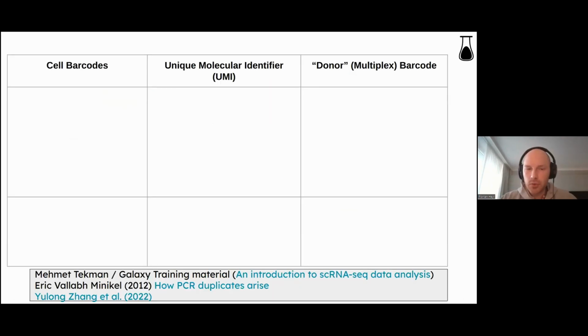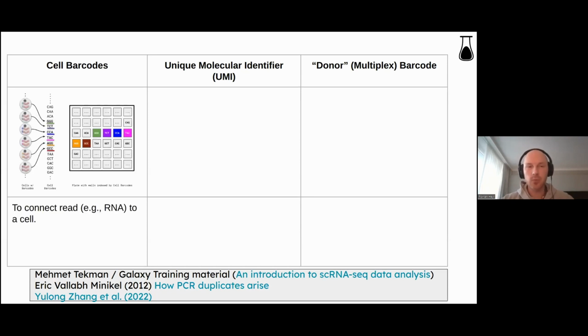Now let's come to the barcodes. So basically, how is the read library structured? And I have to add again, this depends on the protocol, but you quite often find three things in your reads later on if you sequence your RNAs, which is a bit different to bulk sequencing.